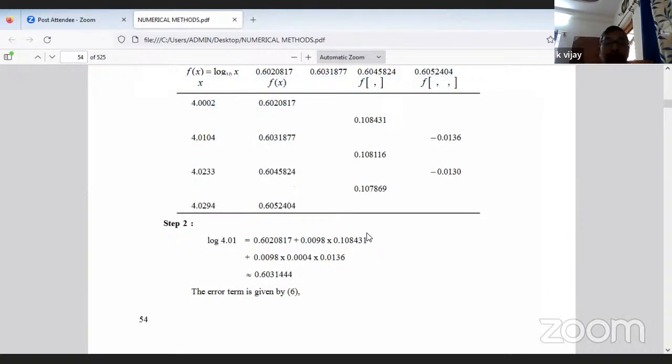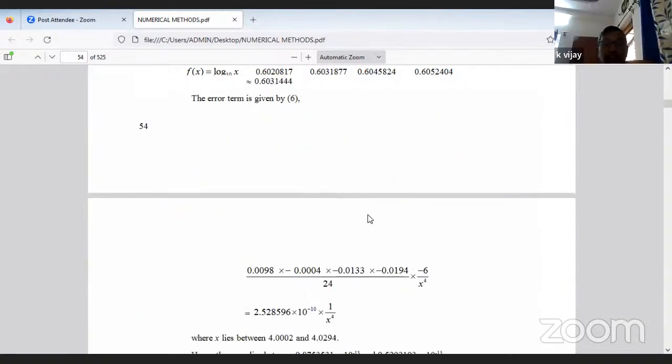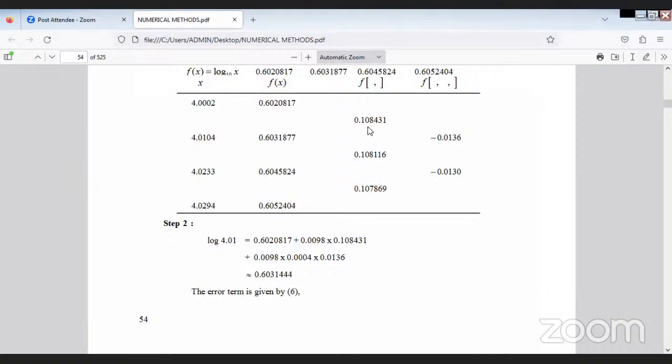Then we are multiplying, and again 0.0098, plus these values 0.004 into 0.013.